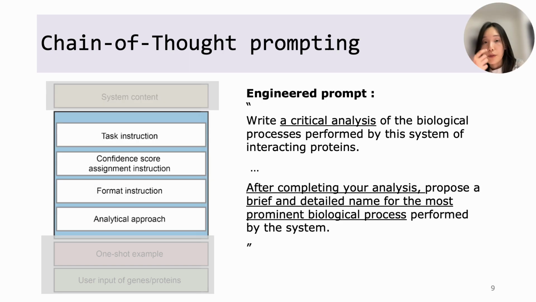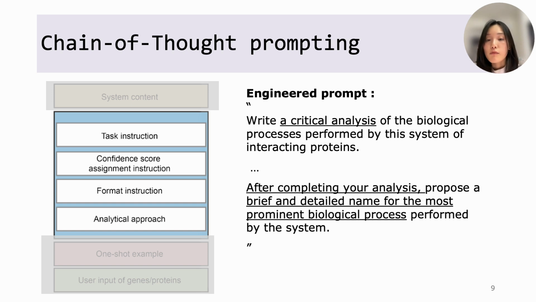Next, we follow a technique called chain of thought prompting. This strategy involves guiding the LLM step by step through the reasoning process, helping the LLM understand the goal better so it can be better at solving the problem.